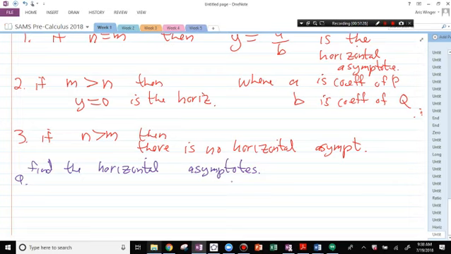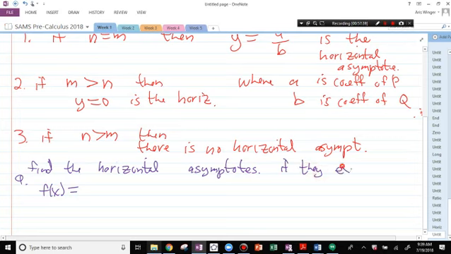Here I'll ask for find the horizontal asymptotes. You might expect that I would give you 3 of these problems. For instance, I would say find the horizontal asymptotes if they exist. I want to be fair. A would be f of x equals 3x squared minus 7x plus 2 over 5x squared plus 2x plus 9.